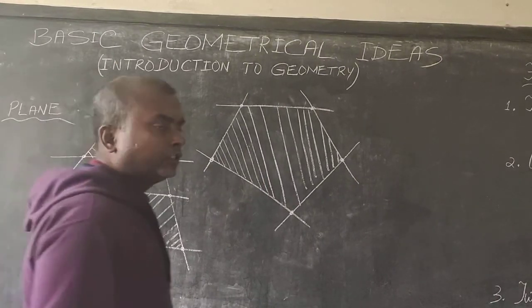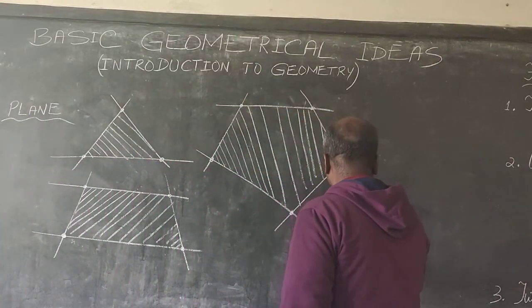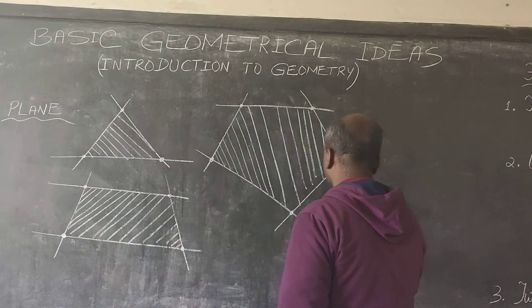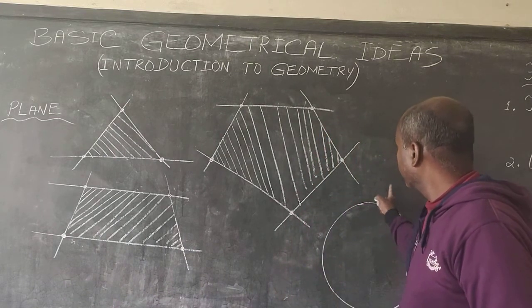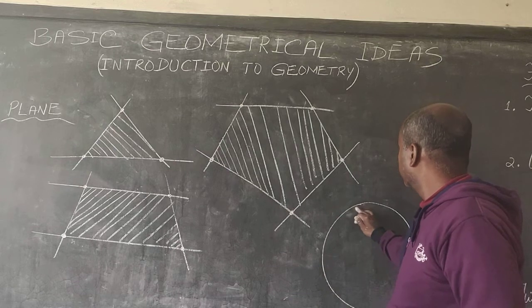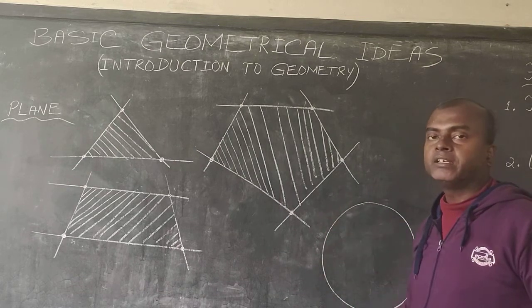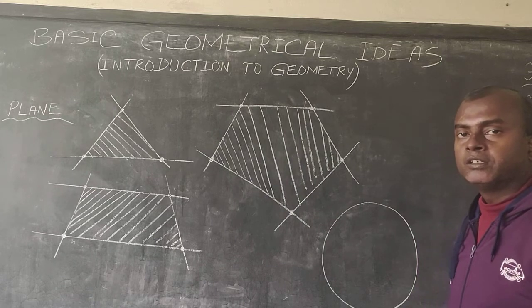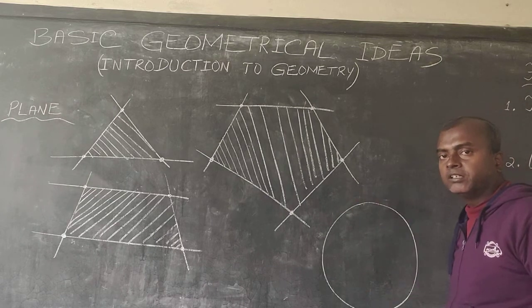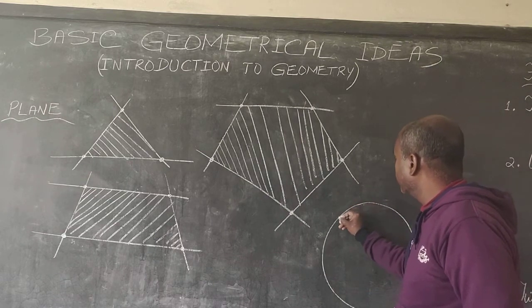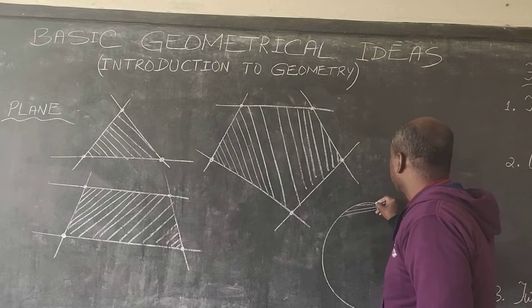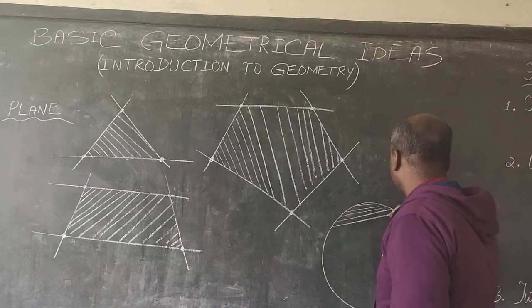Now with regards to plane, even this is also a plane. This is called a curve line. A curve line has been completed and made in the form of a circle, or what seems to be a circle. So the plane that we get over here is this. So this is a circular plane or curve plane.